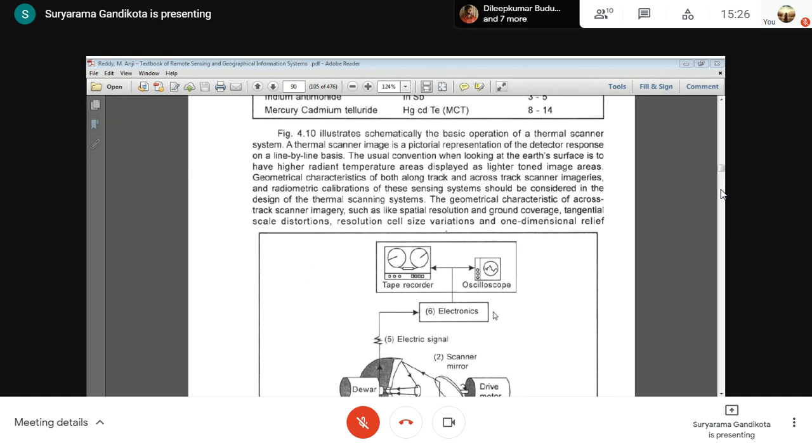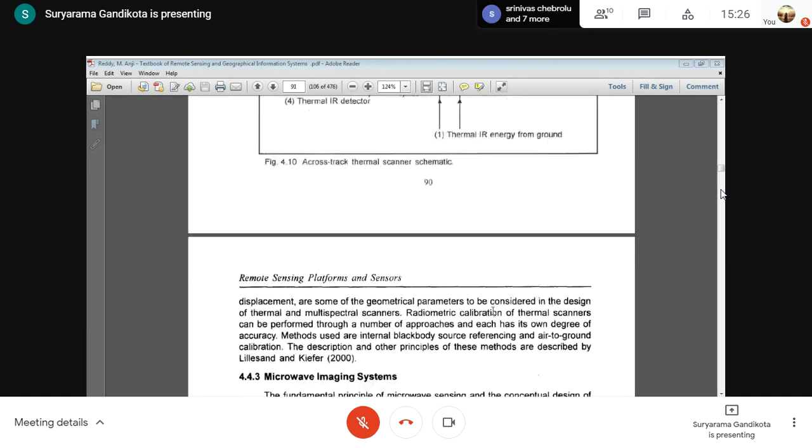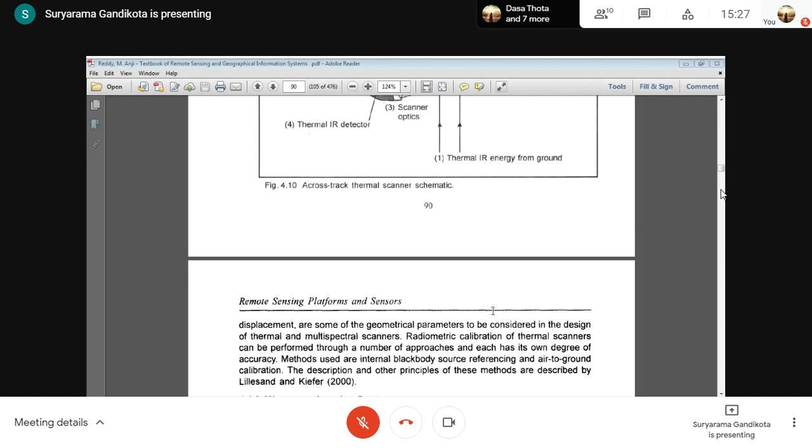The geometrical characteristics of across-track scanner imagery such as spatial resolution and ground coverage, tangential scale distortions, resolution cell size variations, and one-dimensional relief displacement are some of the geometrical parameters to be considered in the design of thermal and multispectral scanners.